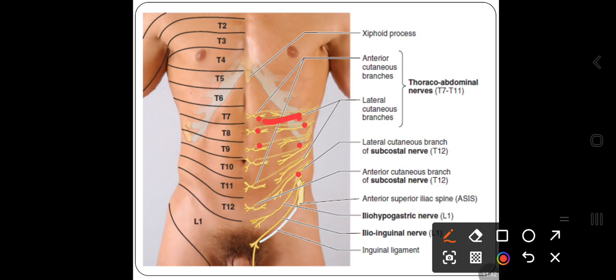Also, they supply the muscles. Also, the subcostal nerve, T12, supplies the skin of the anterolateral abdominal wall. The L1, the first lumbar spinal nerve, has two branches, iliohypogastric and ilioinguinal, which supply the lower part of the abdomen.